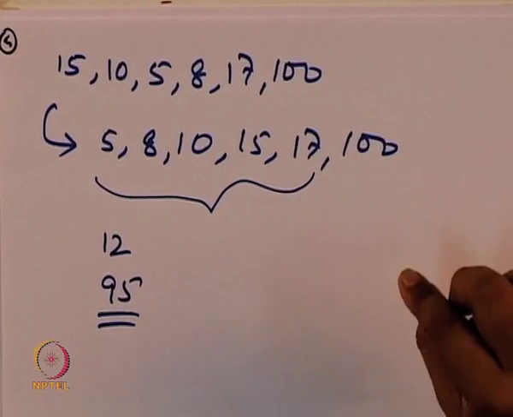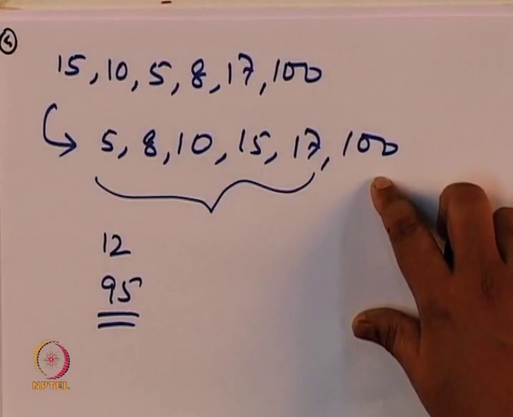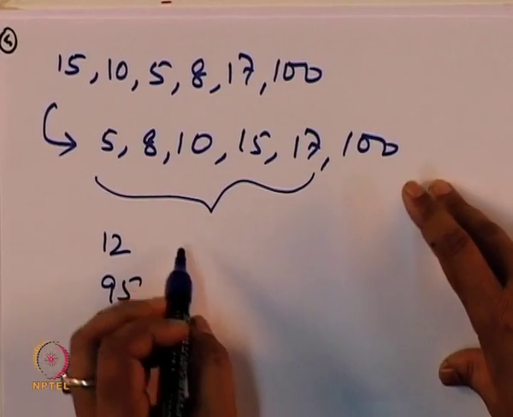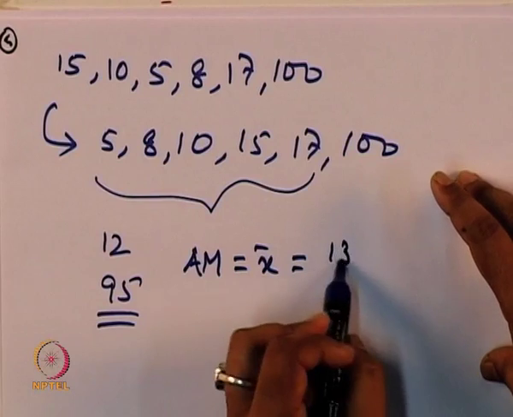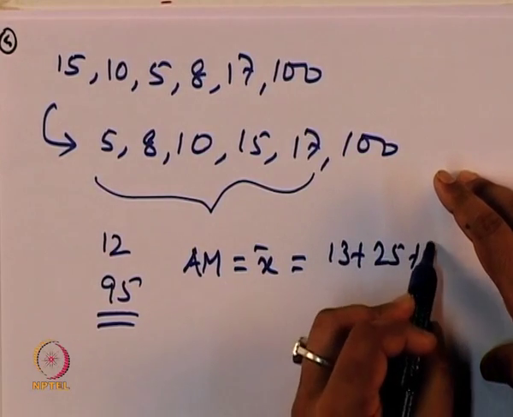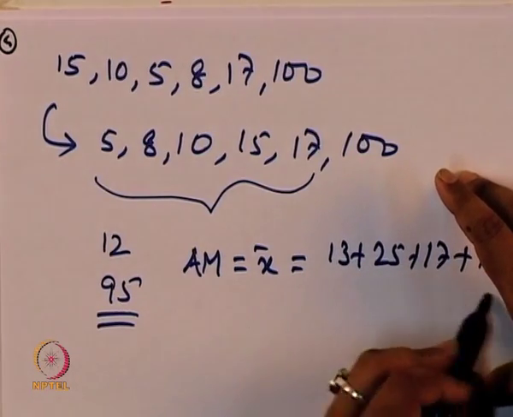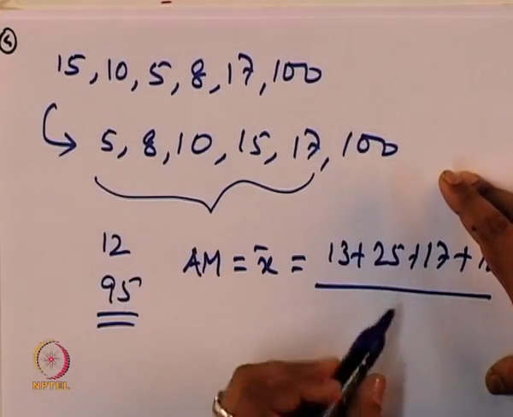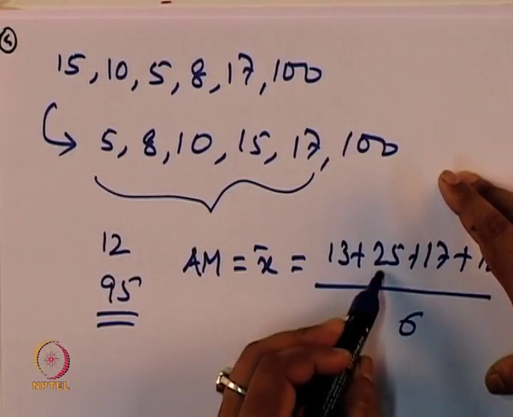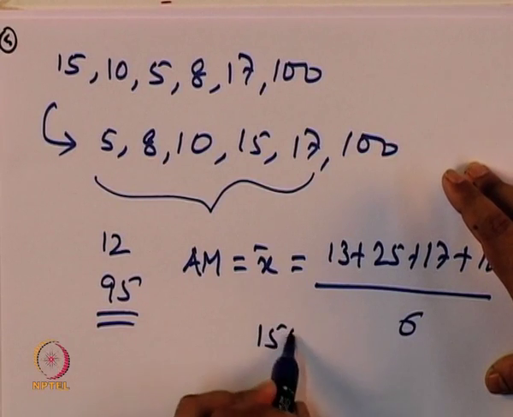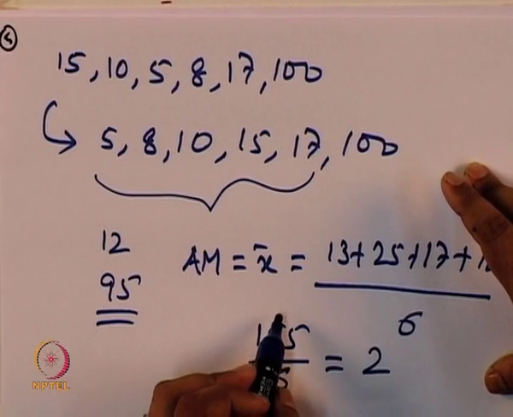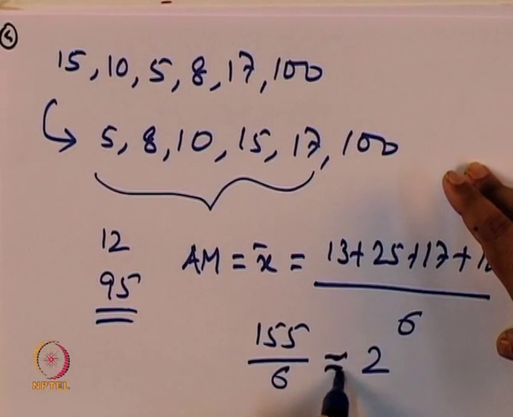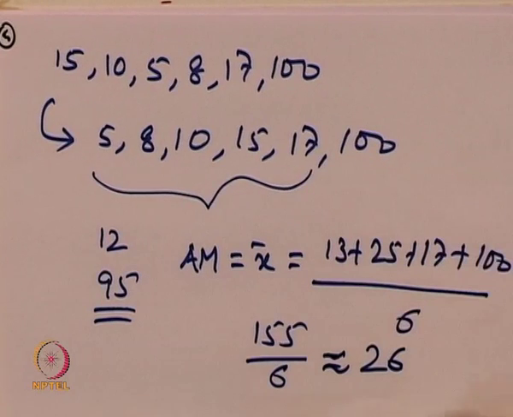Now, if I account for 100 in calculating the average, what number do I get? So, my arithmetic mean x bar becomes 15 plus 10 plus 5 plus 8 plus 17 plus 100, so you have 6 numbers, right. So, that is 155, and 155 by 6 is close to 26, okay.